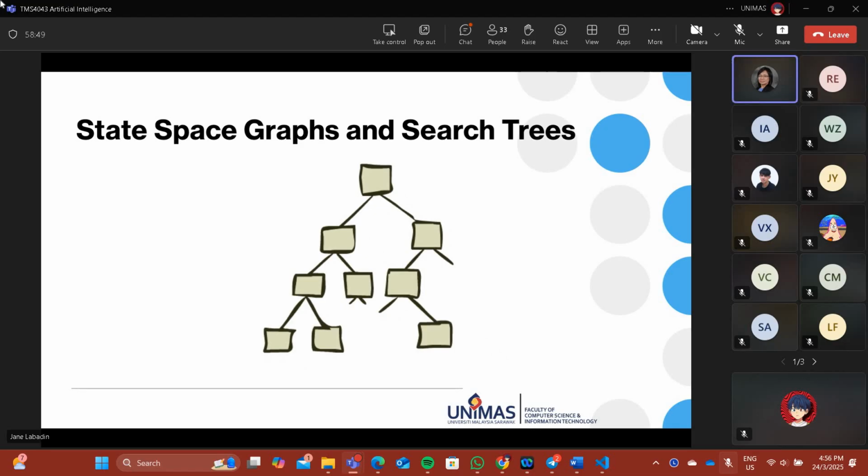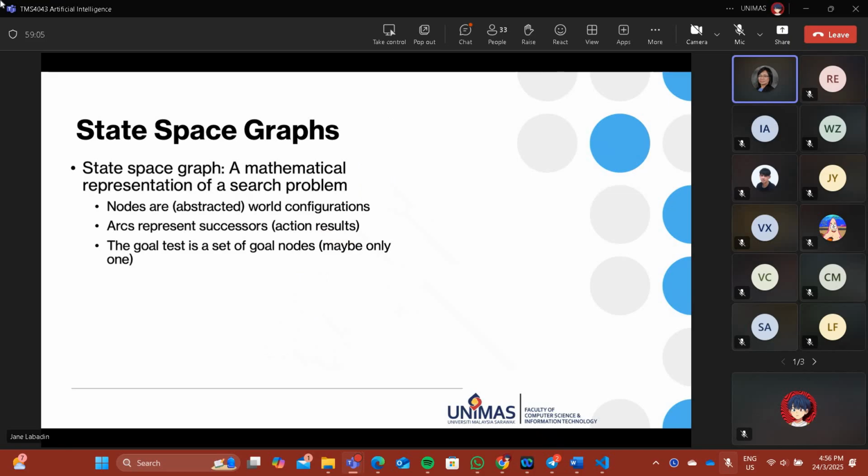It will be easier to code and understand the movement of the searching algorithm. All right. So a state space graph is a mathematical representation of a search problem.